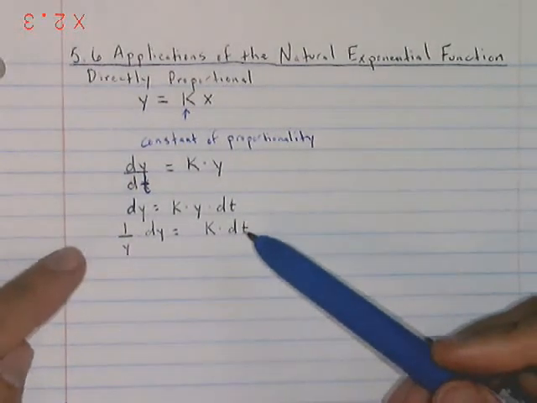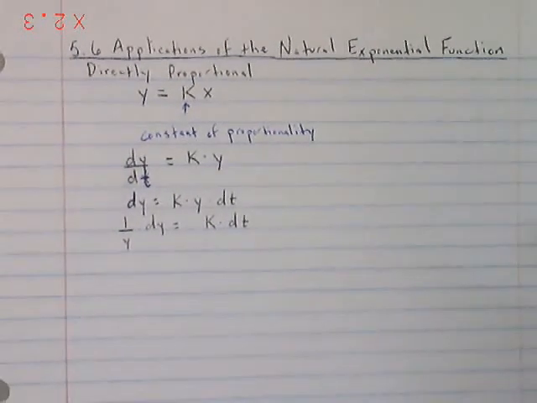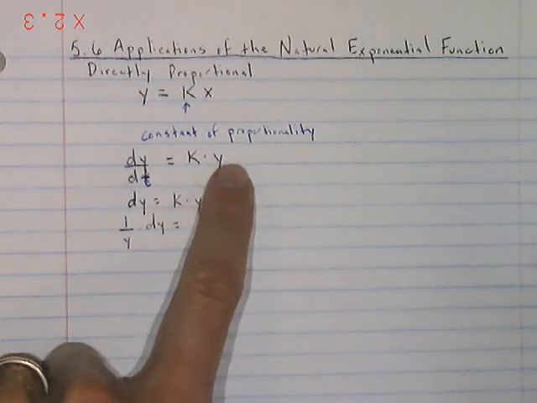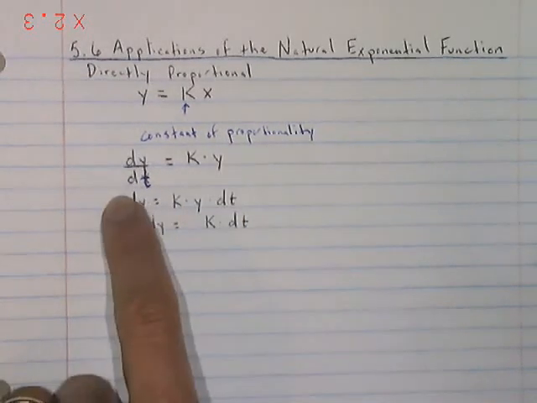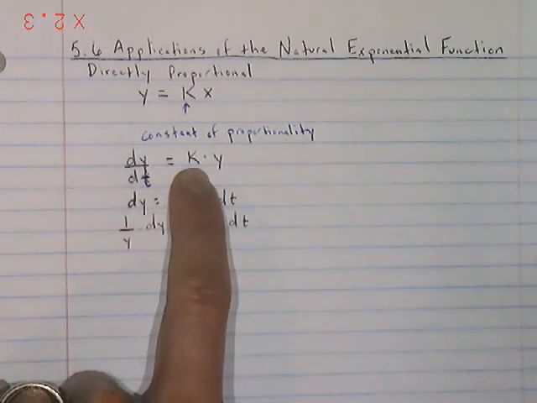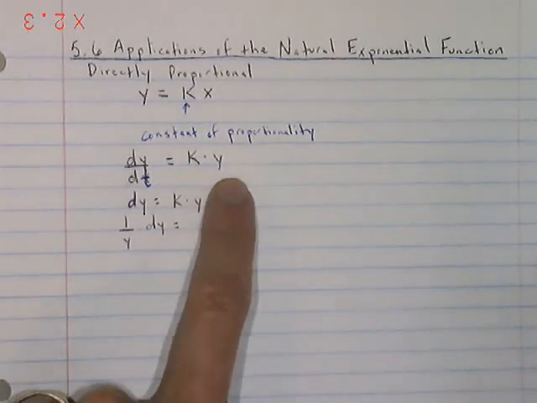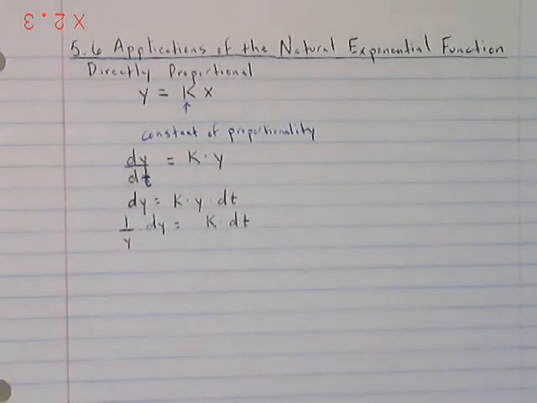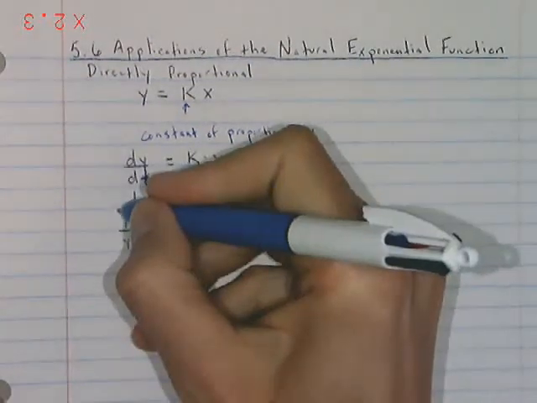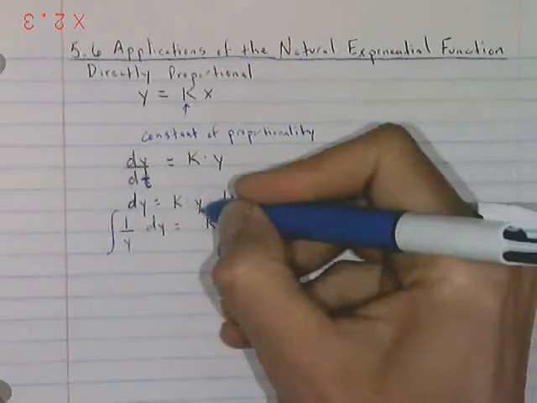And now we can integrate on both sides to figure out what this function y is going to be whose rate of change is dependent upon the actual value of the function. And so integrating on both sides, we have successfully separated our variables.